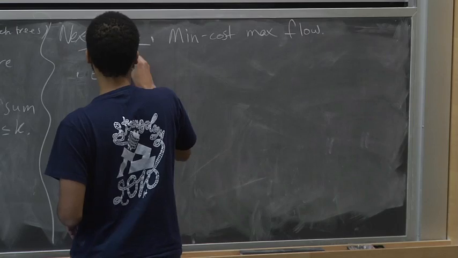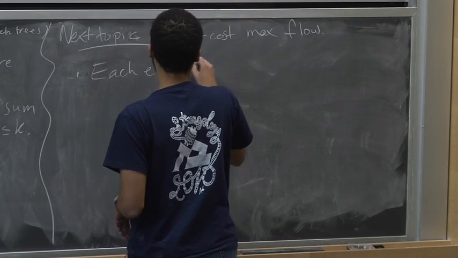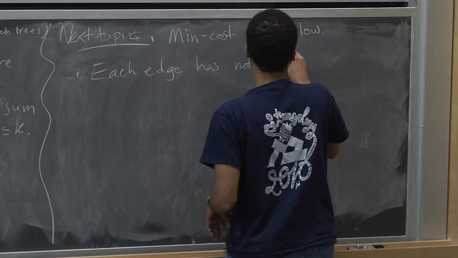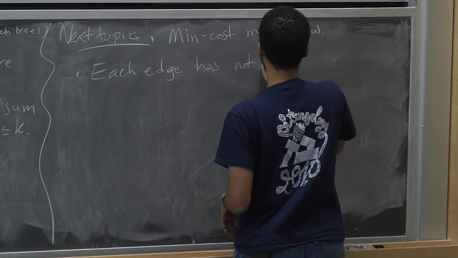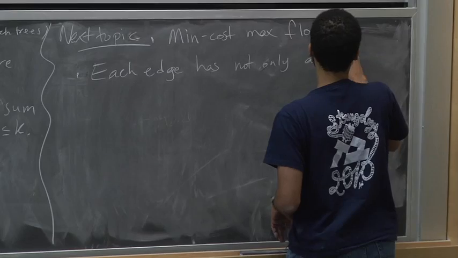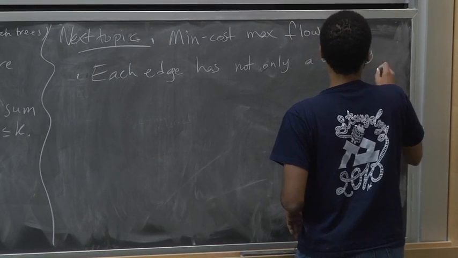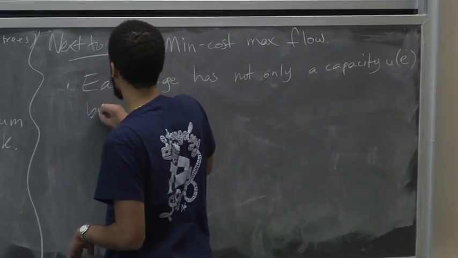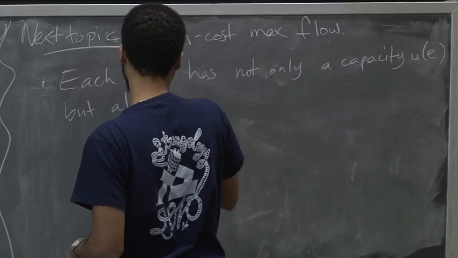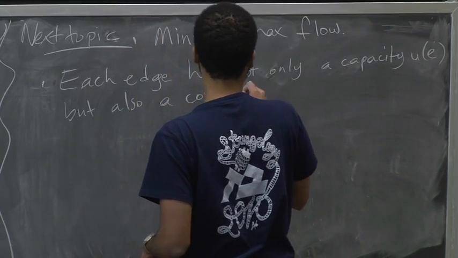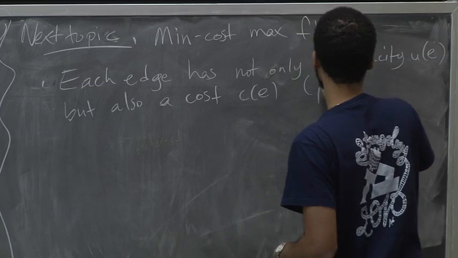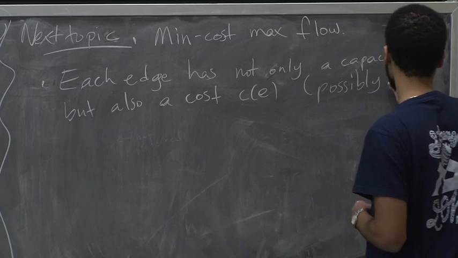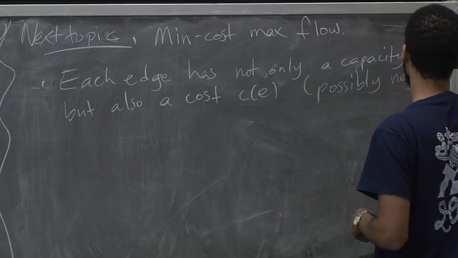Each edge has not only a capacity, which I'll call U of E, but also a cost, C of E, which is possibly negative, or zero. So it's any real number, let's say.